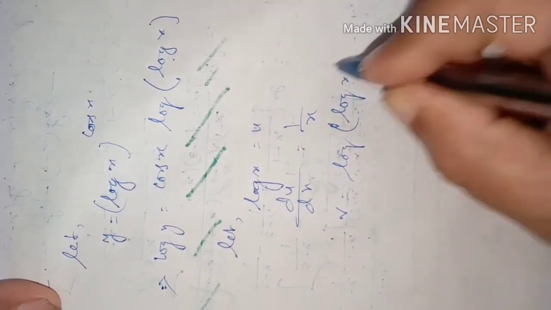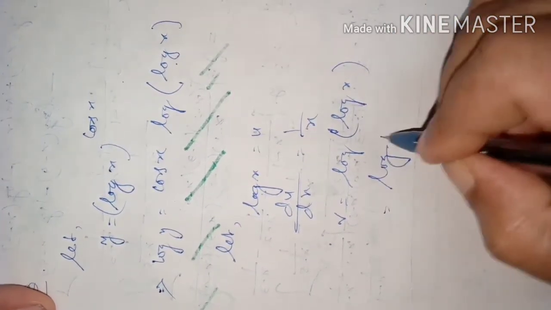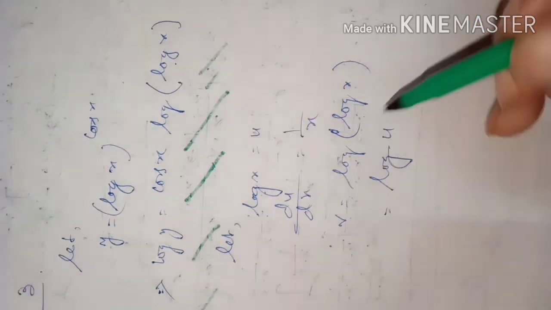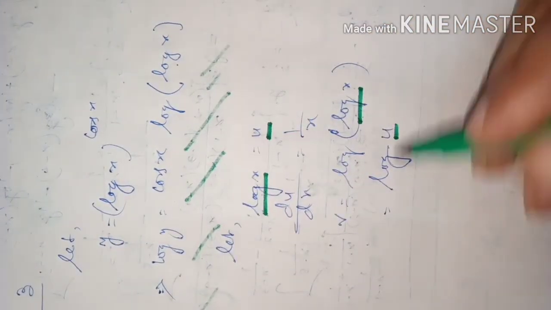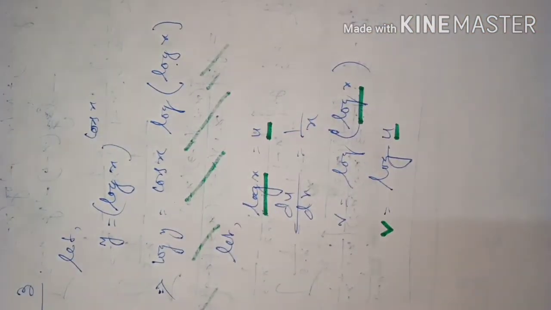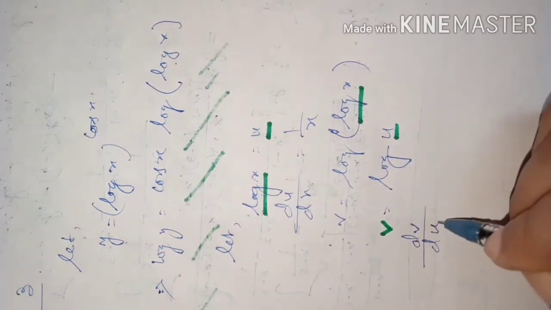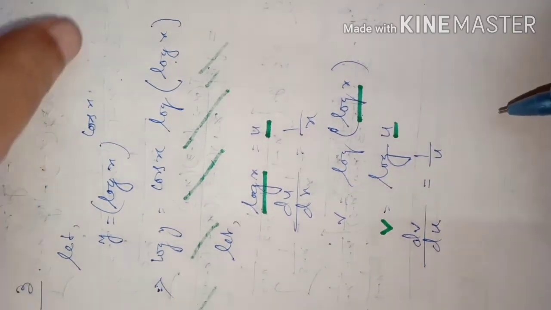That means log of u, because log x we have considered as u. So v is equal to log u. Then dv by du will be equal to 1 by u. Got the idea?